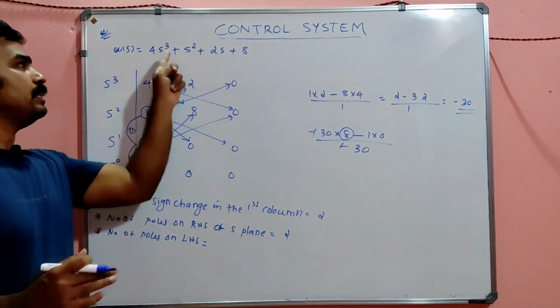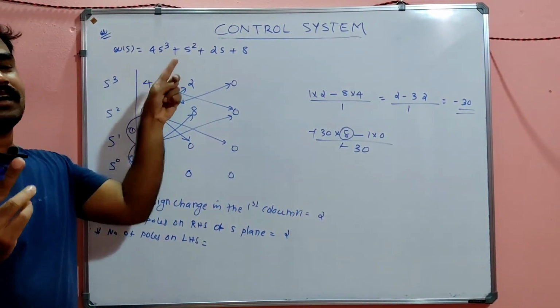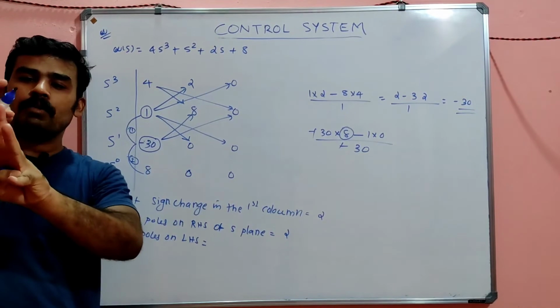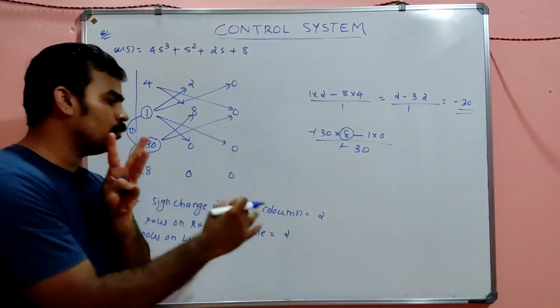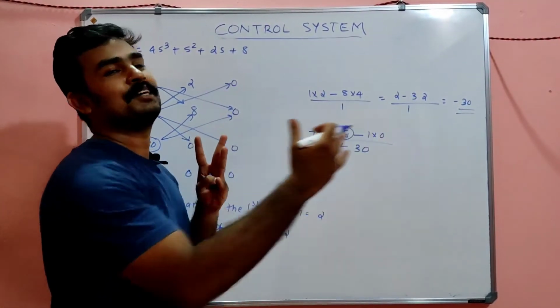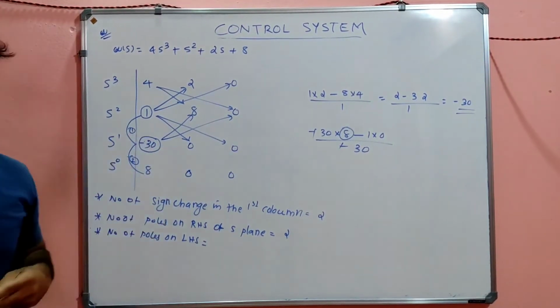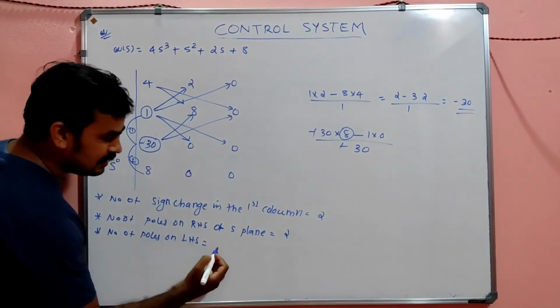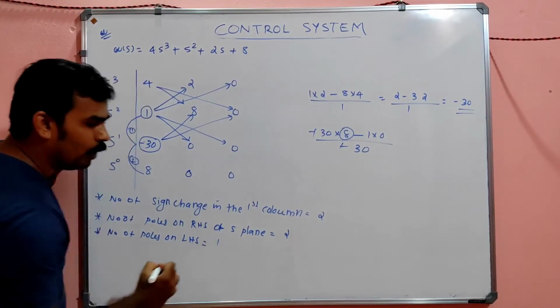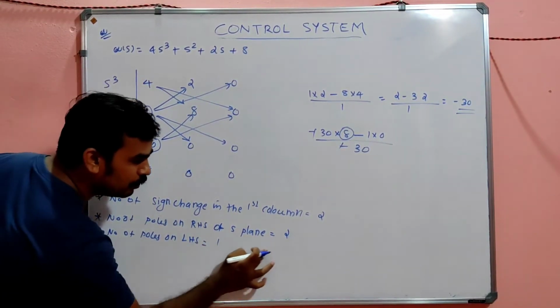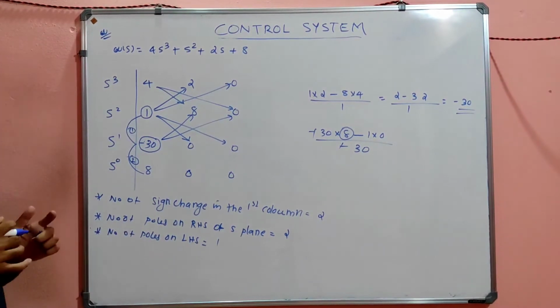S cube means 3 poles will be there. 2 poles you already concluded are on the right side of the S plane, so 1 pole will be on LHS. So number of poles on LHS will be 1, because the total poles will be 3. 2 plus 1 equal to 3.